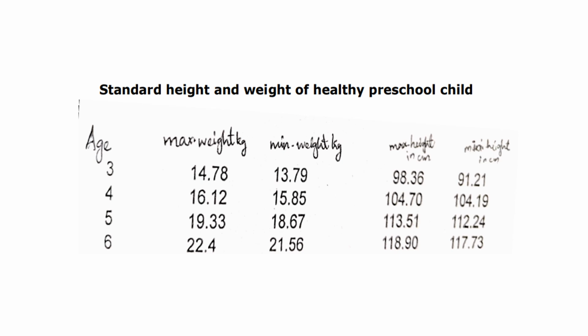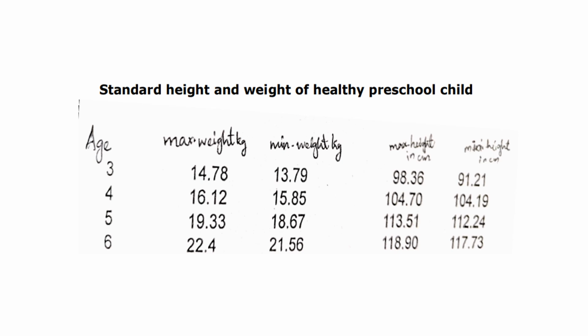At the age of 3, the maximum weight is 14.78 and the minimum weight is 13.79 kg, and the maximum height is 98.36 centimeters and the minimum is 91.21. Likewise you can see the maximum and minimum height and weight at age 4, and all the way through ages 5 and 6.